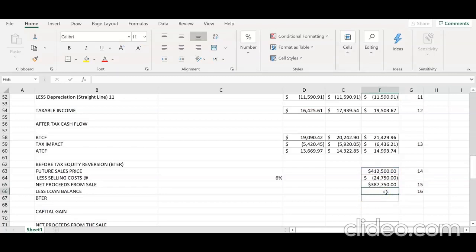And to calculate the less loan balance, I use the PV function.